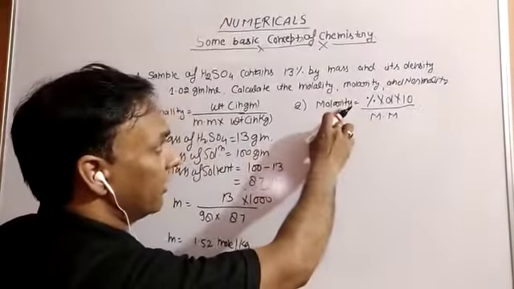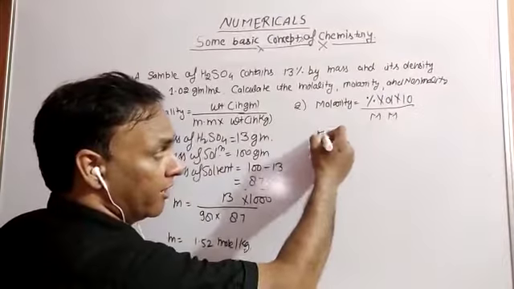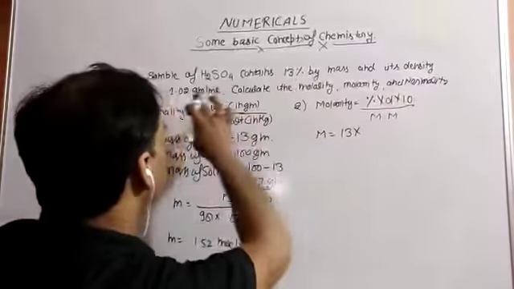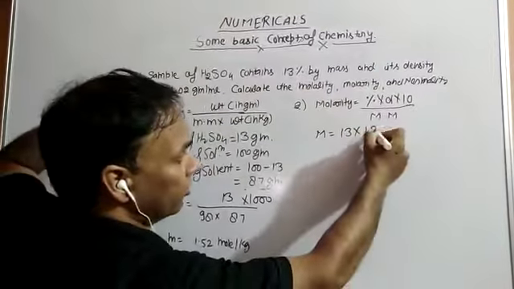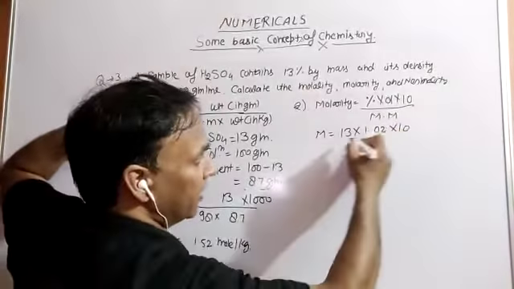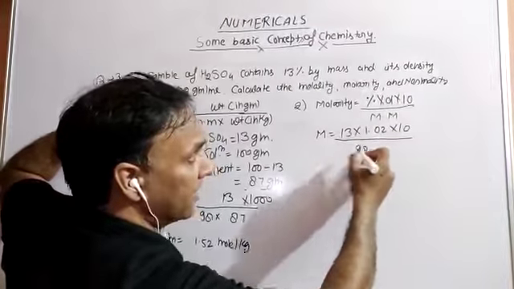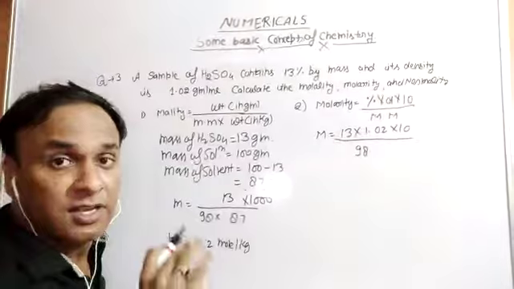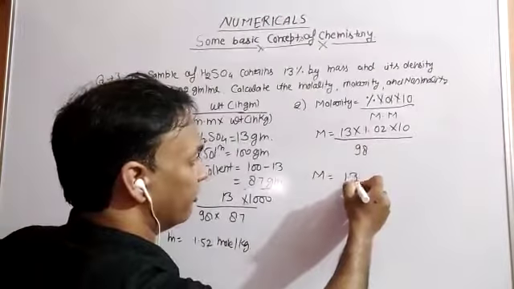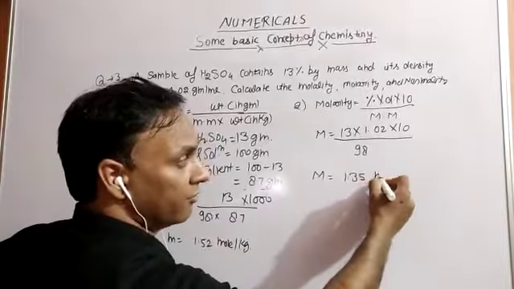Mass percent is 13%. Density is given 1.02 gram per ml, into 10 upon molar mass 98. Thus the molarity is approximately 1.35 mole per liter.